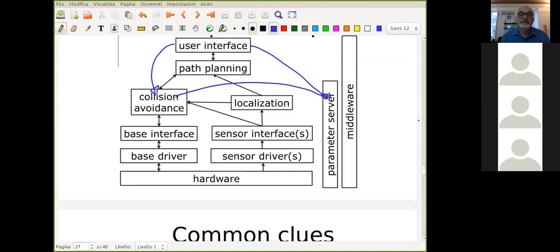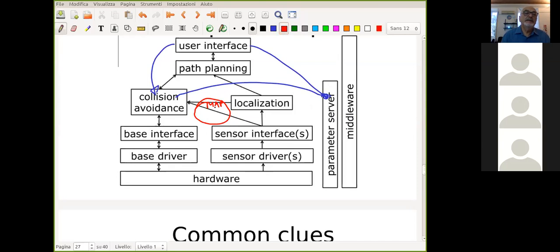But sometimes, maybe the sensor interface has detected, you remember that here there is a map of the environment, including the robot itself, some special obstacles, for example an obstacle that is moving.